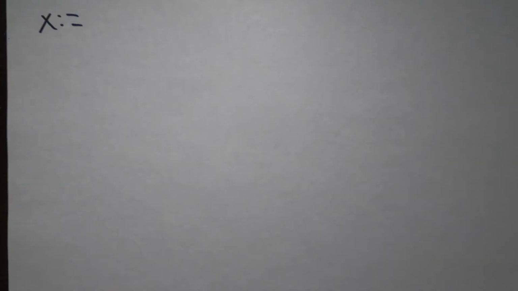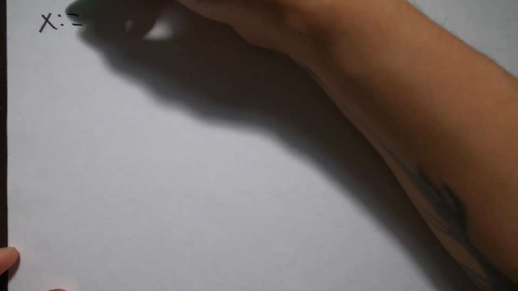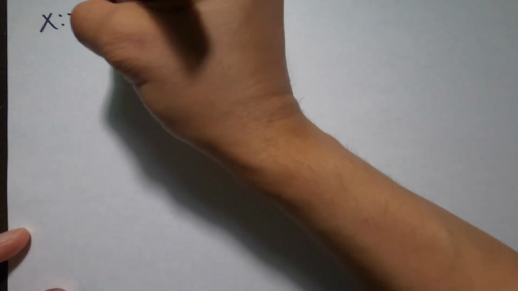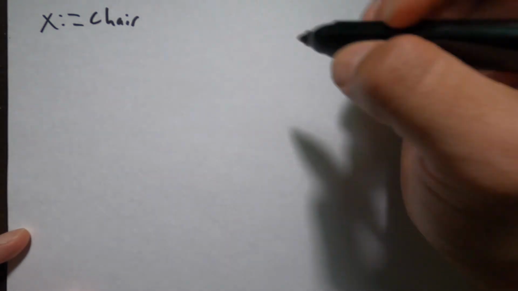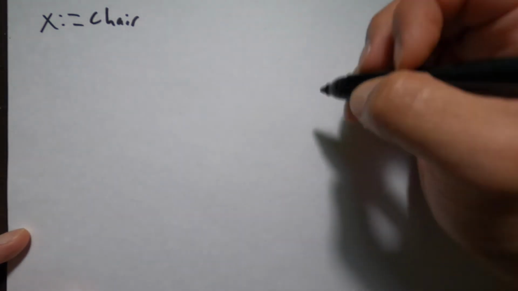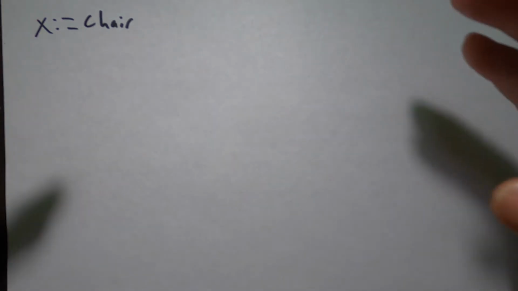Okay, so now what I want to do is I still want to keep the idea of X is defined as chairs, but I'm not going to draw the diagram or the box where we want to fill the room with chairs. Instead, I just want to stick with the numbers and associate the numbers with chairs, a solid object, something that we can make sense of.